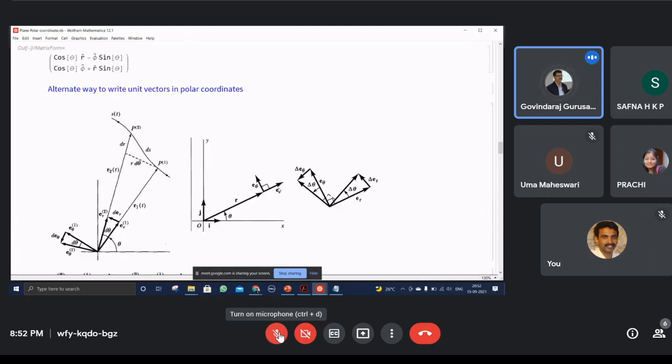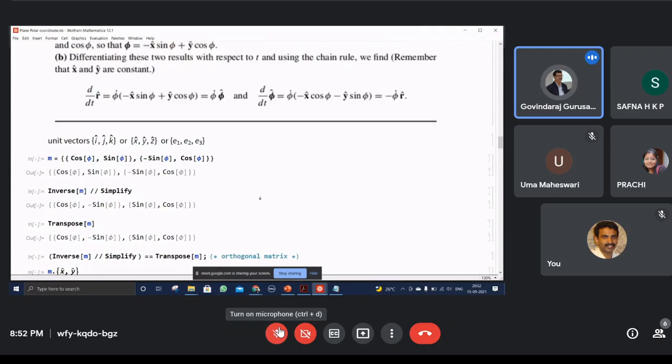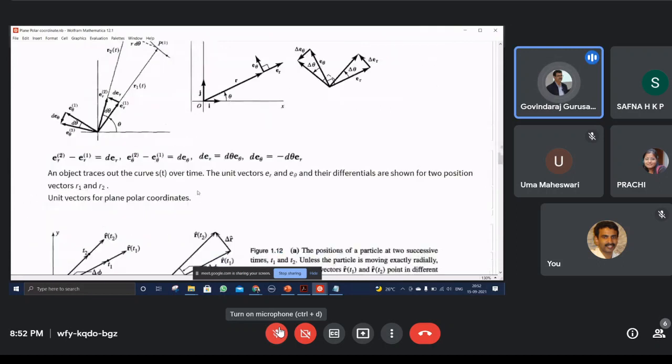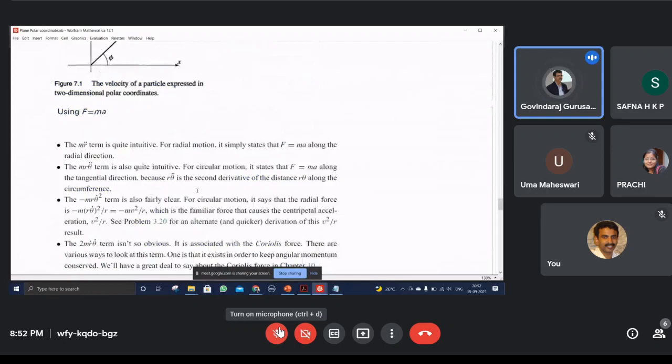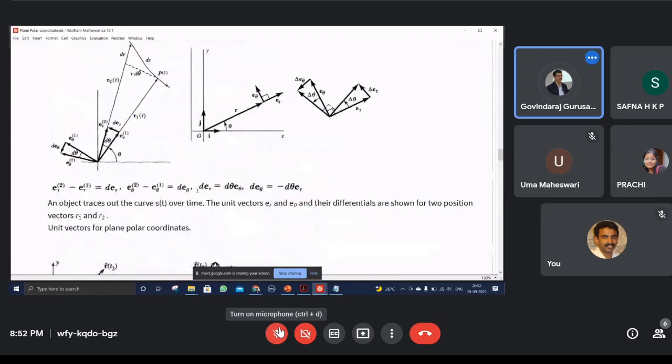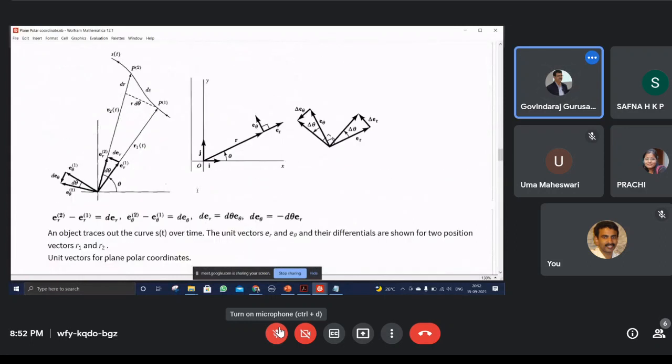That's how the minus sign is introduced, which we naturally get by taking the component differentiation as a function of time. I know that the directions are opposite. I hope this gives you a clear picture about dr and d theta.